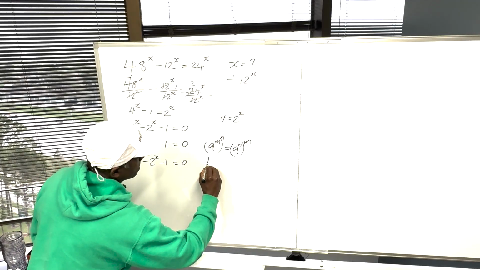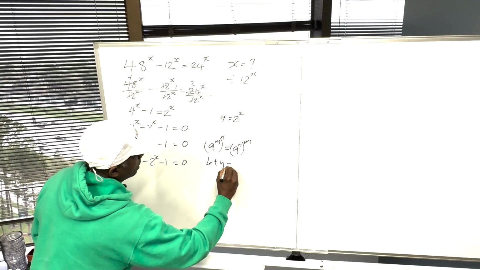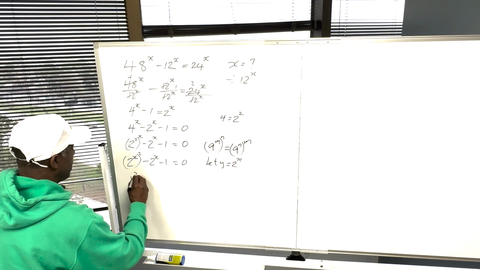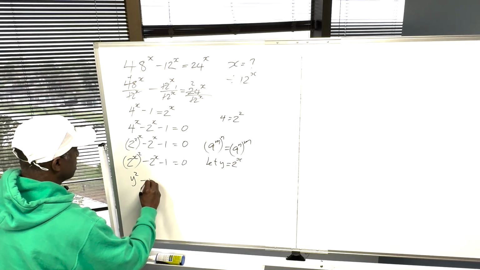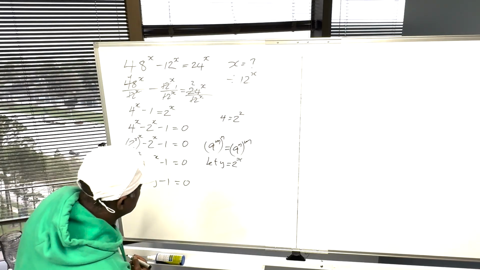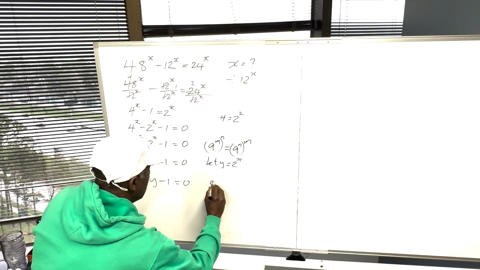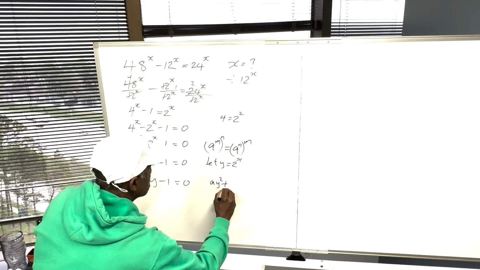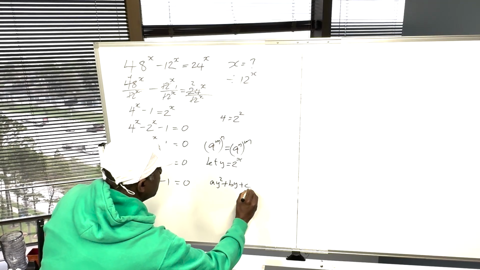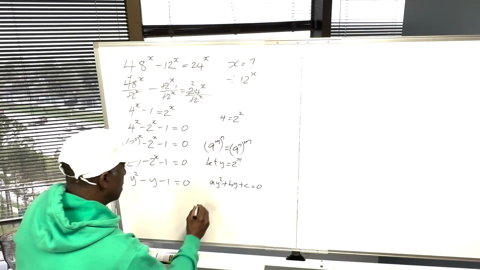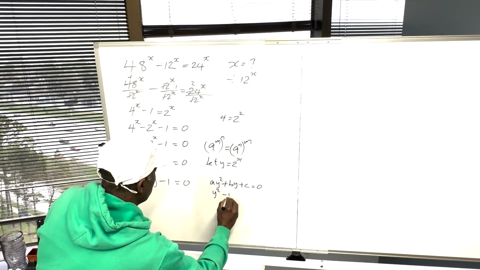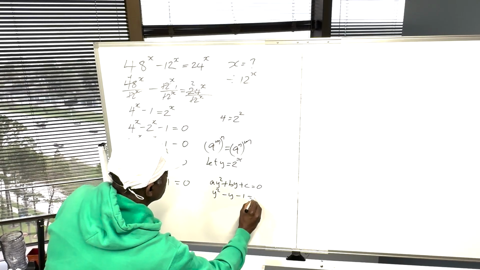Now let y equal 2 to the x. We get y squared minus y minus 1 is equal to 0. Using the quadratic equation, where a y squared plus b y plus c is equal to 0, and we have y squared minus y minus 1 is equal to 0.